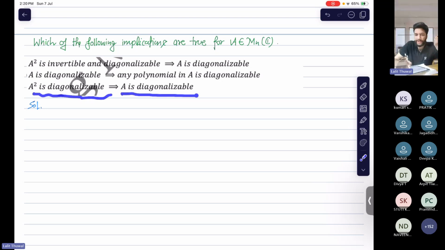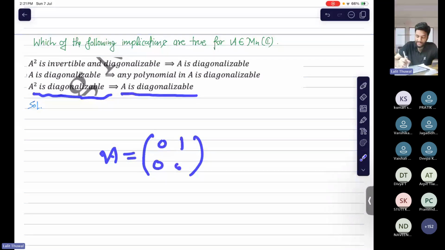If you want to counter it, first try to think about some non-diagonalizable matrix. Then the easy example that comes to your mind is a non-zero nilpotent matrix, right? So let's fix n, the order of the matrix, to 2.